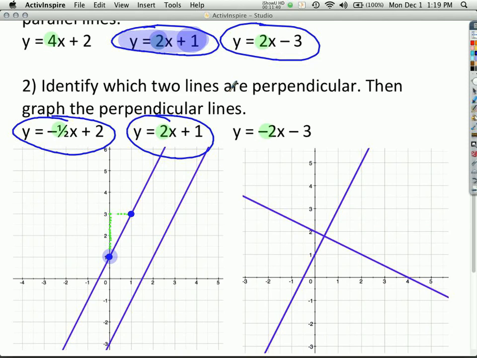Graphing in slope-intercept form is probably the easiest. I'd say intercepts is also very easy, but slope-intercept form is supposed to be super easy to graph. So even though I only asked you to graph this one, this one, this one, and this one, you should have no trouble graphing that, and you should have no trouble graphing that.